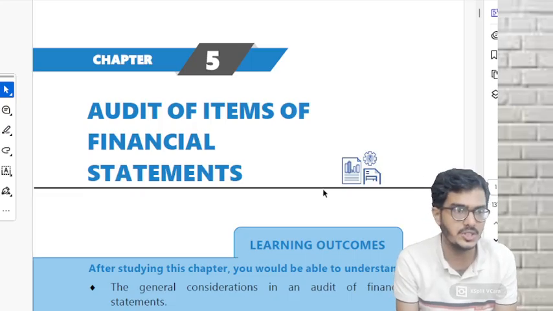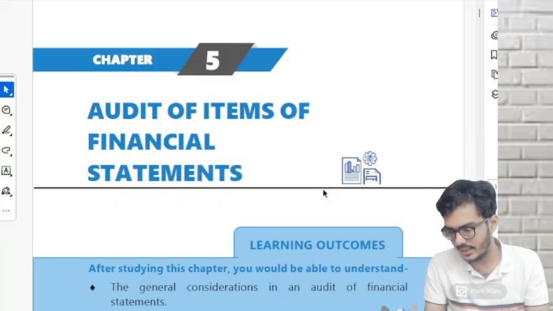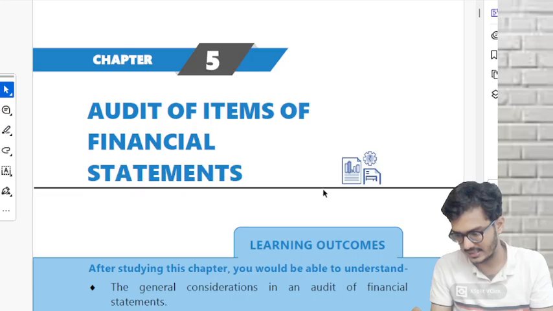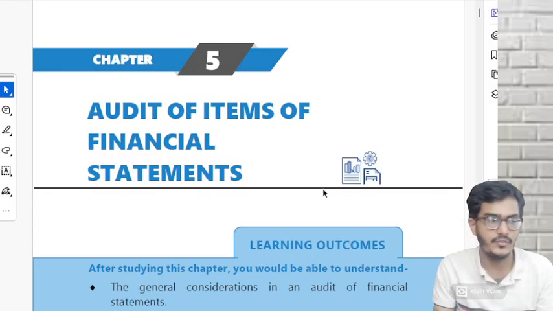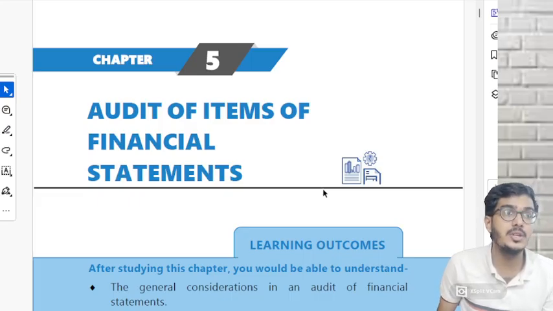Fourth, audit procedures related questions. Fifth, individual questions. After the word questions, put a bracket and write number 5. That means there are 5 individual questions.